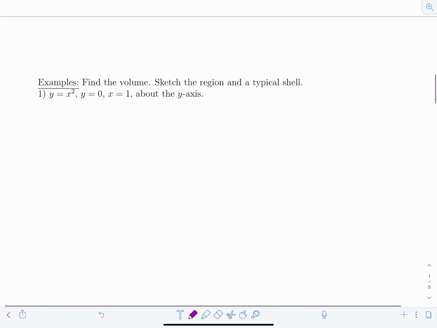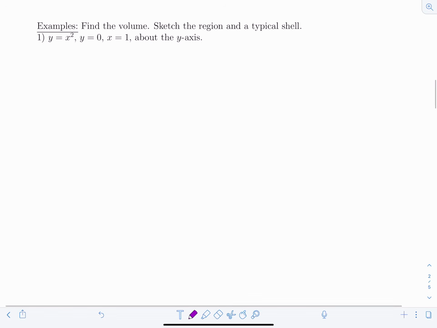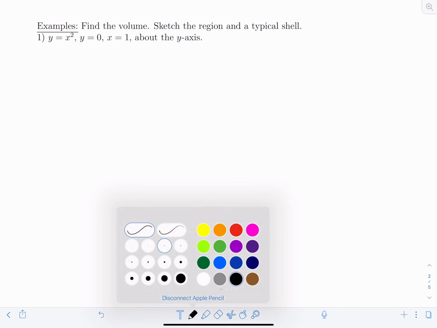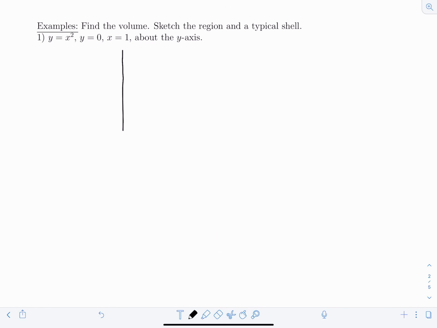Example 1, find the volume, sketch the region and a typical shell. We have y equals x squared, so we know what that looks like, a parabola. It's bounded by y equals 0, the x-axis, and x equals 1, and we're spinning it around the y-axis. I'm just going to draw that sliver of the parabola in the first quadrant between 0 and 1.